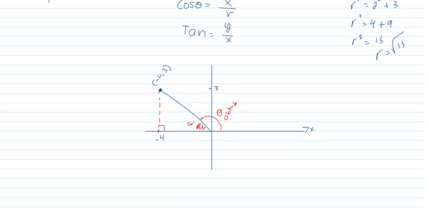What do we call two angles that add up to 180? Supplementary angles. So angle theta and angle alpha are supplementary angles. One of them is obtuse, the other one is acute. Now, because it's in the second quadrant, let's see what is going to happen with the cosine, tan, and sine.